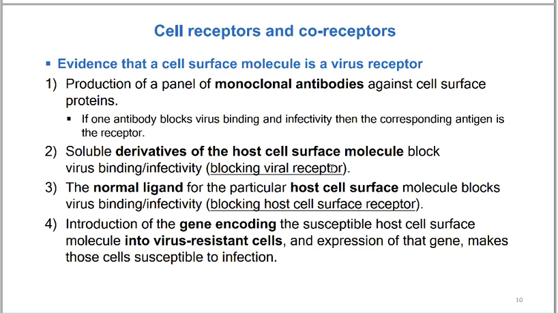We generated different derivatives of host cell surface molecules and incubated them with the virus, and those molecules were recognized by the virus receptor and bound to it, so the viral receptor has been blocked. And when you add the cell to those viruses, they are unable to bind to the cells because their receptor has already been blocked. And we can also do the same thing with the normal ligand for the particular host cell surface molecule, that can block the virus binding, that is, blocking the host cell surface receptor.